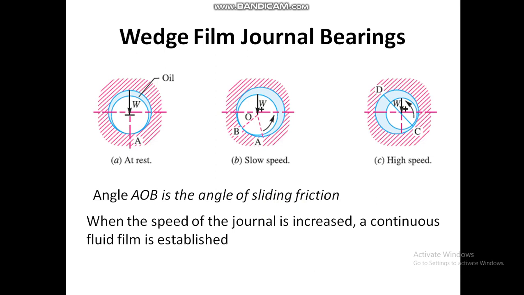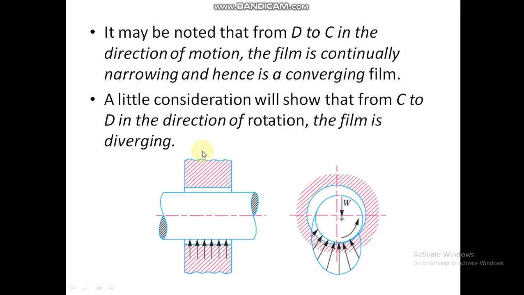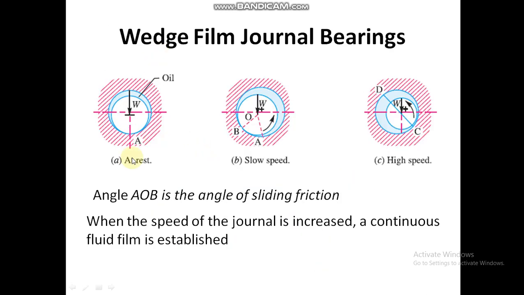Now when the journal rotates in anti-clockwise direction at high speed, the journal will pull the oil from the space between journal and bearing to the space where it is required. The metal to metal contact between the journal and bearing is removed, and the oil film will cover the journal from all sides. This concept is known as the wedge film journal bearing. When the speed of the journal is increased, a continuous fluid film is established.